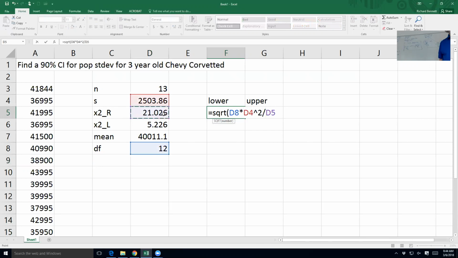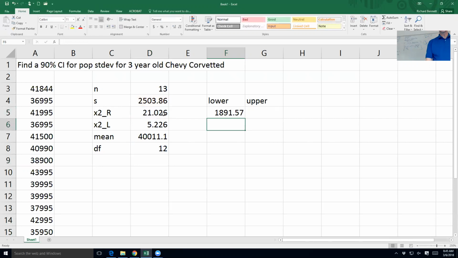What would be your lower? The chi-squared on the right is going to be my smaller number. That's going to be my lower limit. Yeah, it's backwards. Once again, just fix it if you get confused.